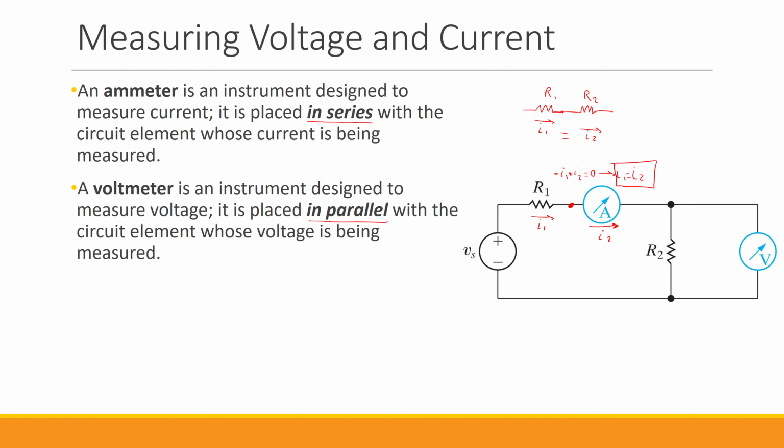Again, if you remember from previous lectures, when we have two components that are connected in parallel, so basically they share a pair of nodes, the voltage across them is going to be equal.